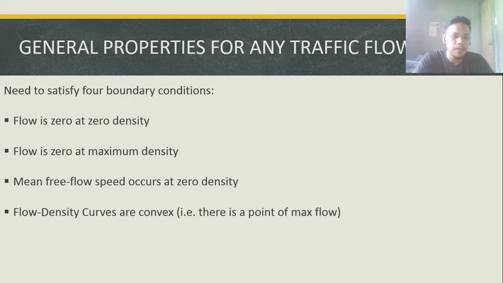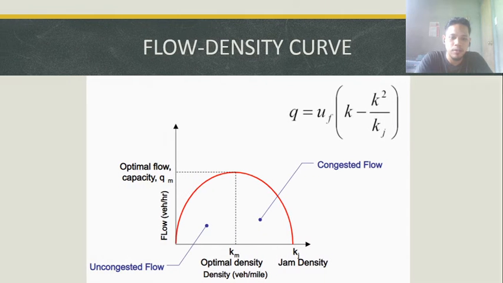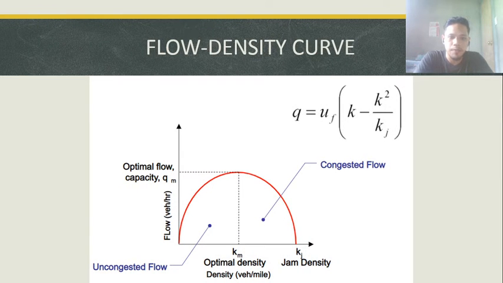Next, the mean free flow speed occurs at 0 density. Next, flow density curves are convex, so there is a point of maximum flow. Here we can see that the flow density curve is convex, so there is a maximum point we can locate.